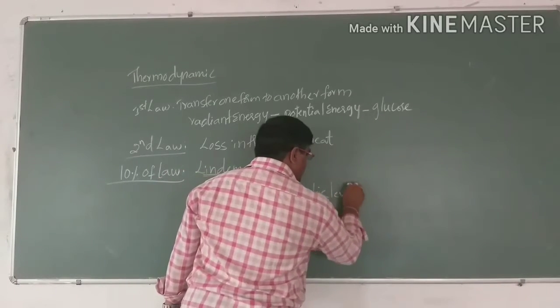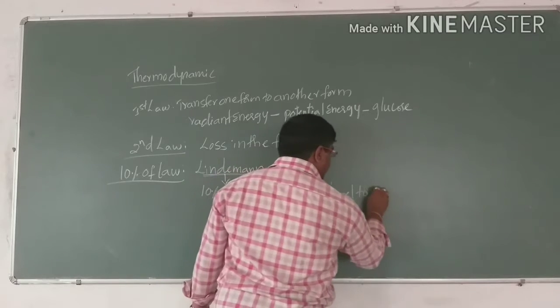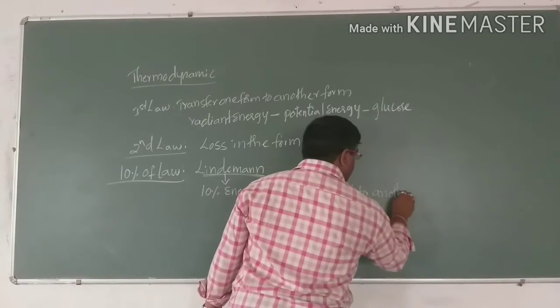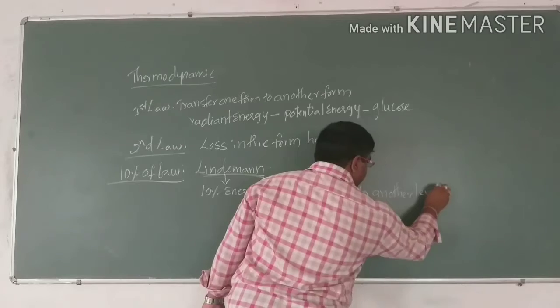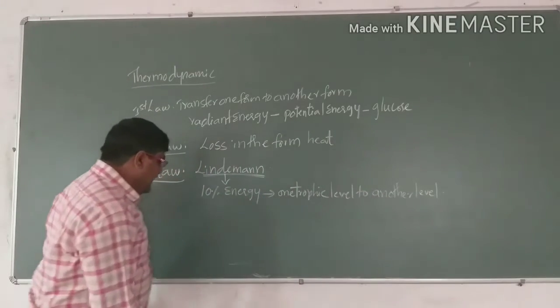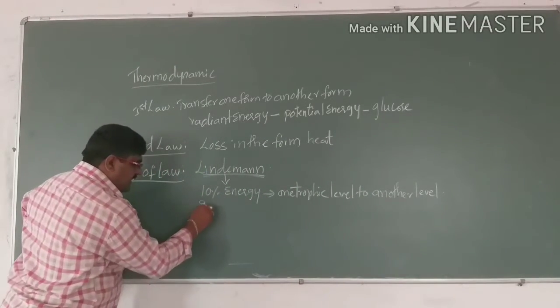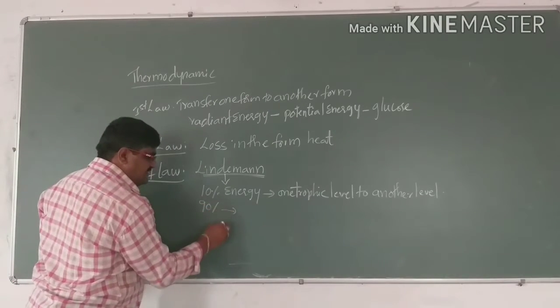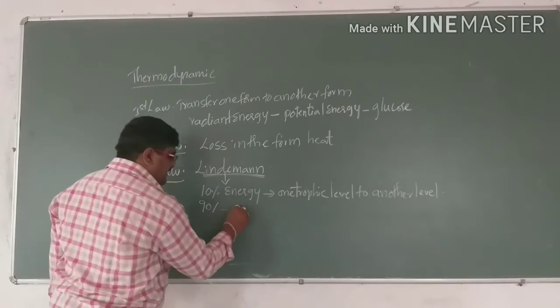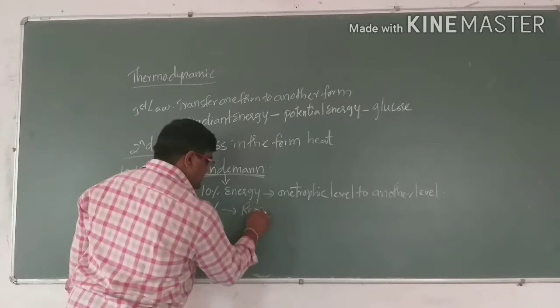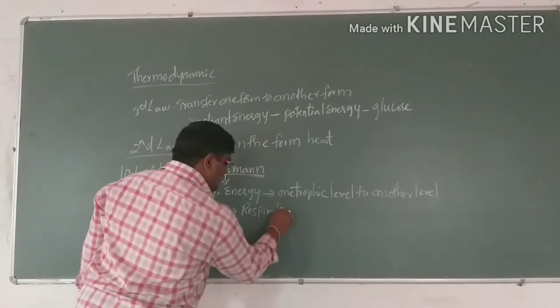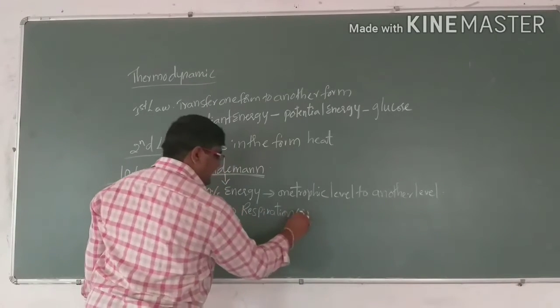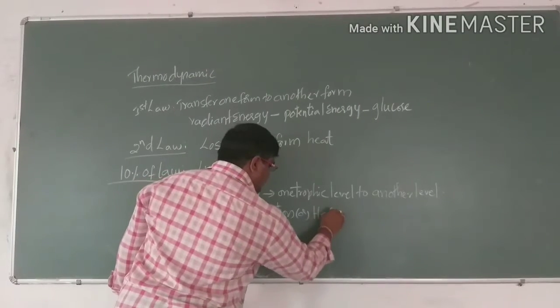from one trophic level to another, and the remaining 90% is utilized in the form of respiration or in the form of heat.